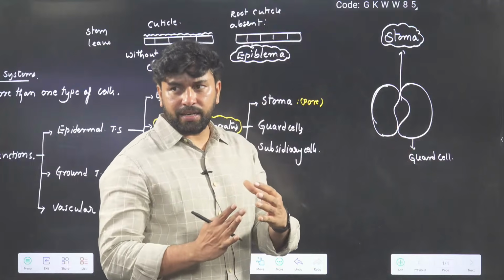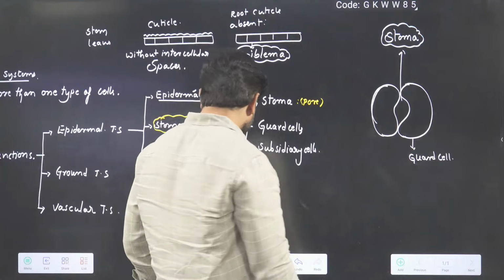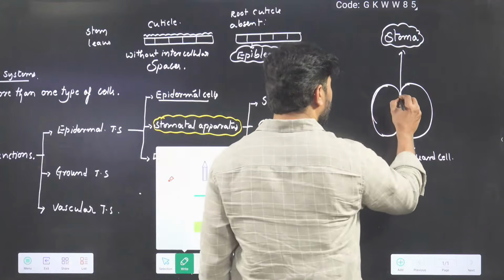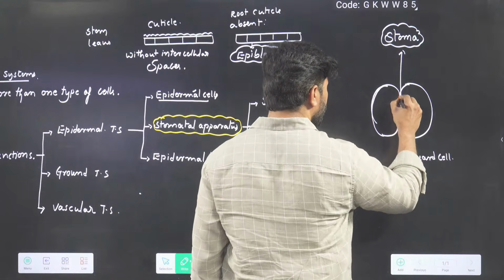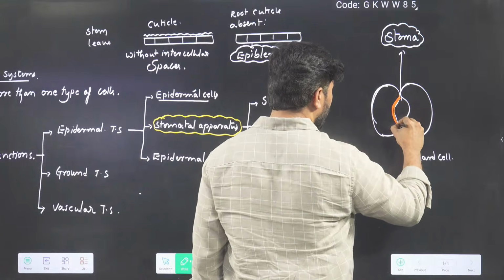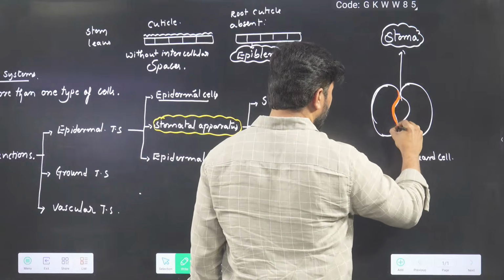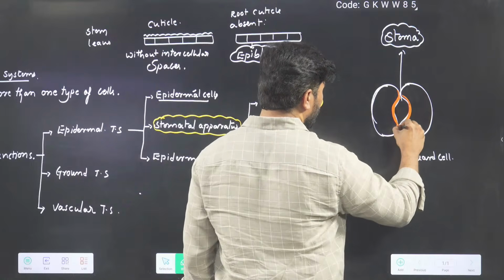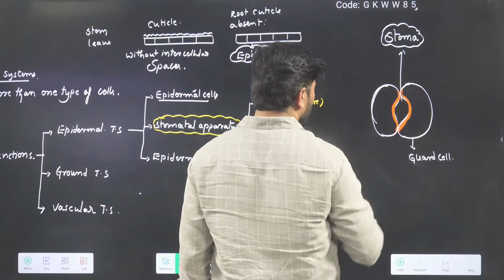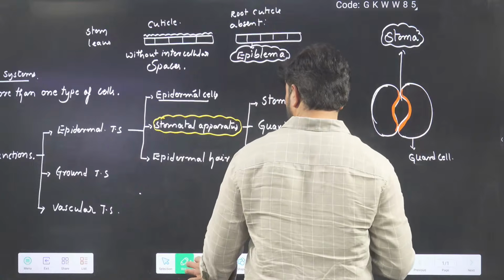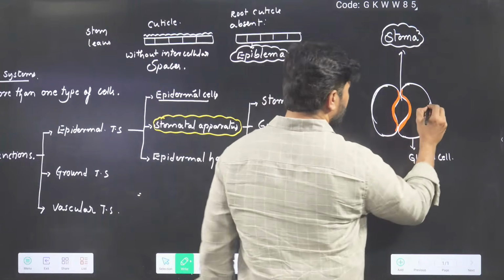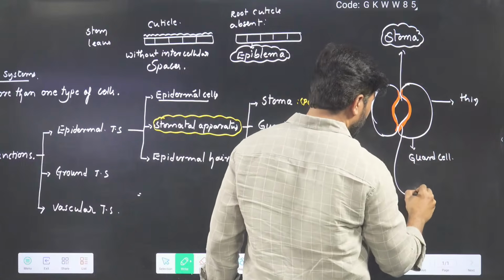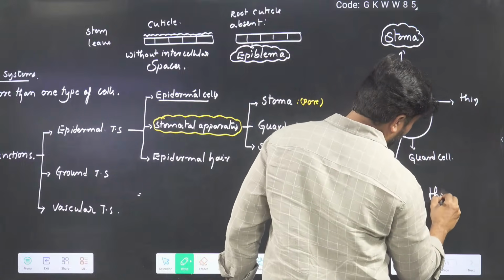Let us analyze the guard cell story. Guard cells are specialized epidermal cells. They have unevenly thick cell walls. On one side of the wall, thick cellulosic depositions are noticed; on the other side they have thin cellulosic deposition. This is the thin area, this portion you can call the thick area.